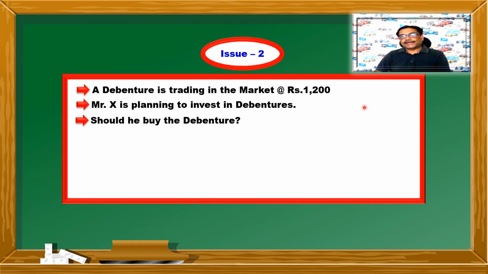How does it depend? Now, whenever we are buying an item, we should buy it provided that it is undervalued. We should not buy it if it is overvalued. So whether this 1200 is undervalued or overvalued, we have to calculate the fair value of the debenture.